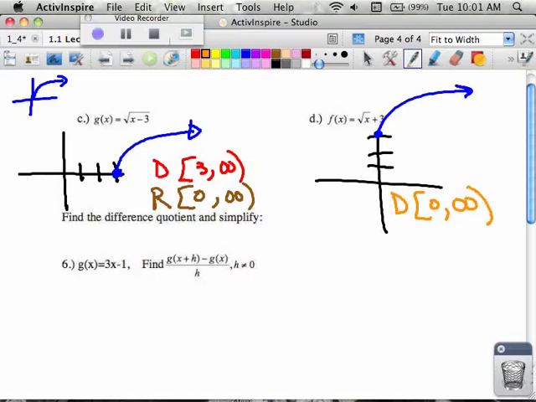And my range starts at 3 and goes up forever. So the picture is extremely helpful with square root graphs. Questions about either of those? Let's pause, take a walk.